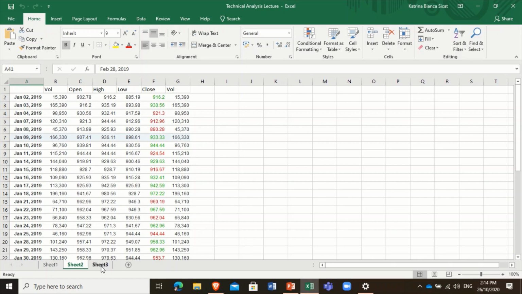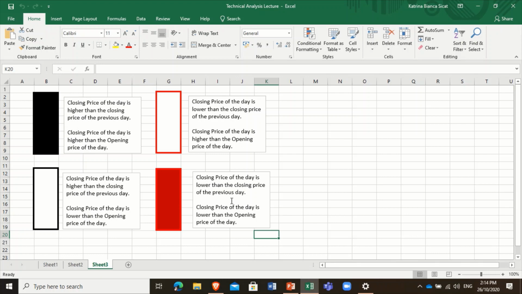Okay. So if you want to know the basics of candlesticks, actually ito yung pinaka ginagamit ko kasi mas detailed siya as compared to the traditional red and green candlestick charting.